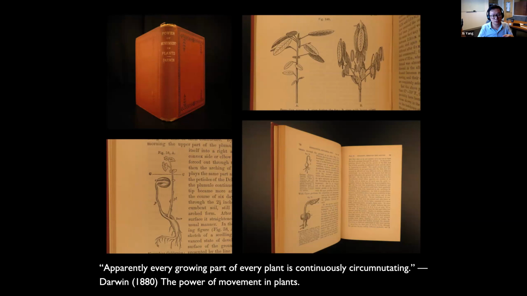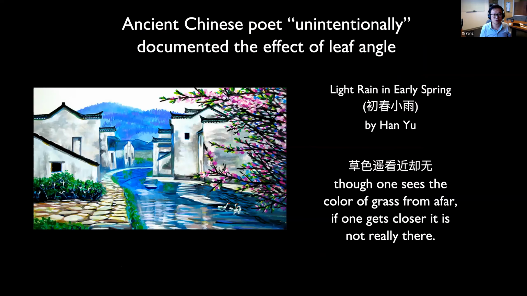Another example I want to mention is from Chinese poetry. This is an ancient Chinese poem, Light Rain in the Early Spring, by Han Yu from the Tang Dynasty. It is also an example often used by the late Xiaowen Li to talk about the impact of the bidirectional reflectance distribution function. But is this also a great example of the impact of leaf angle?